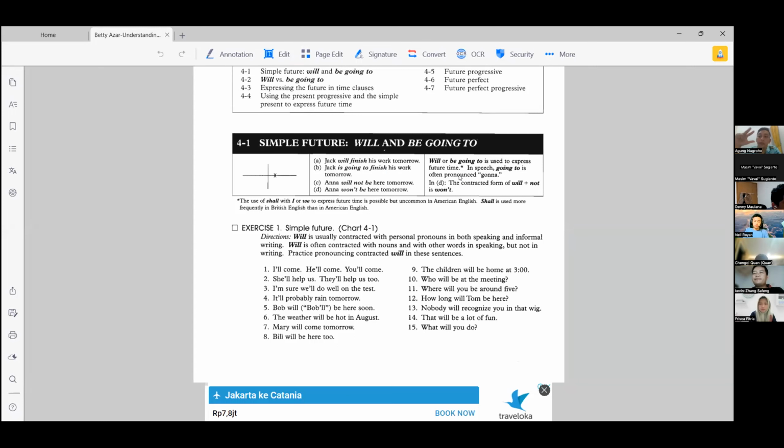So if the subject is I, then I would say I am going to. If the subject is Jack, then Jack is going to finish his work tomorrow. The meaning is the same as Jack will finish his work tomorrow.